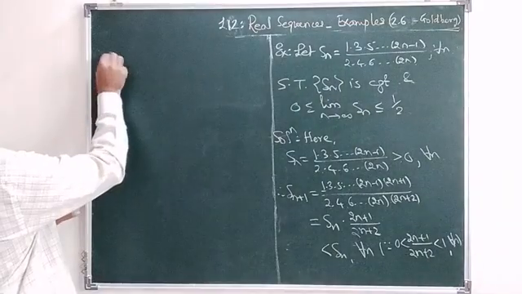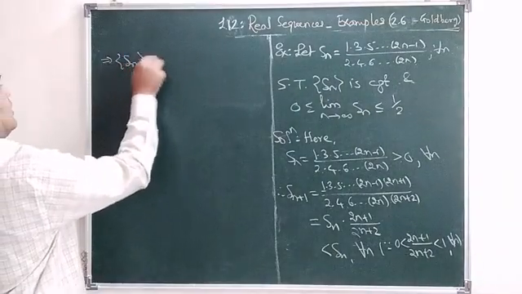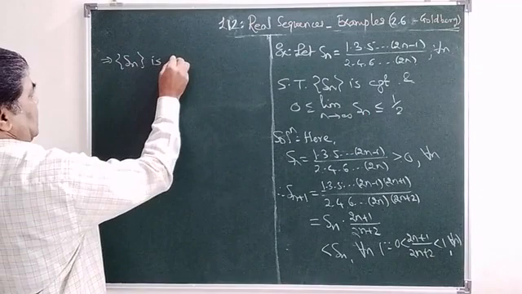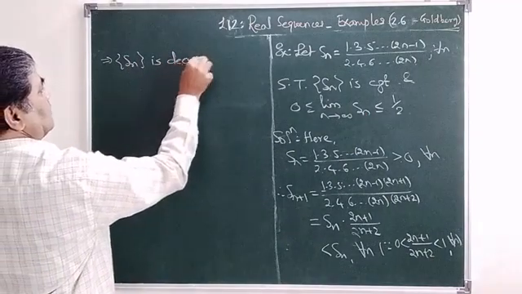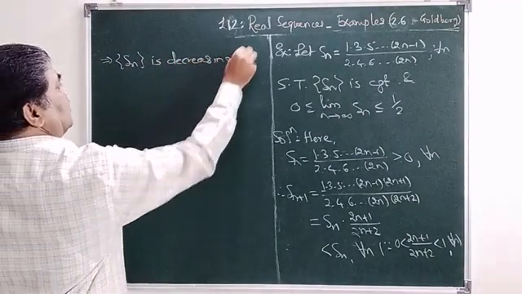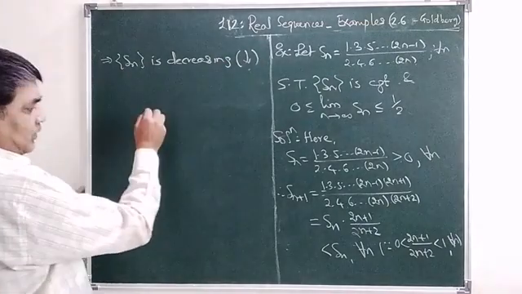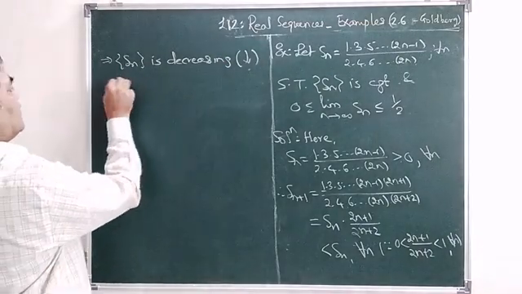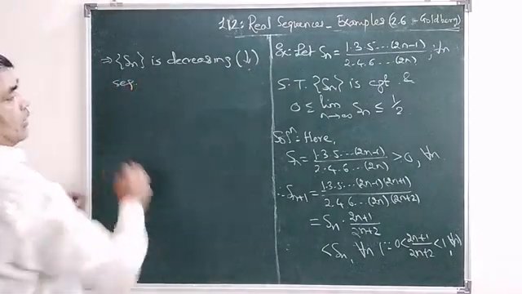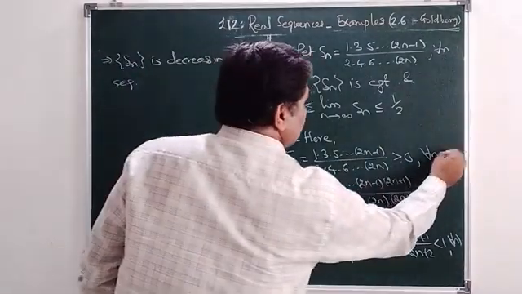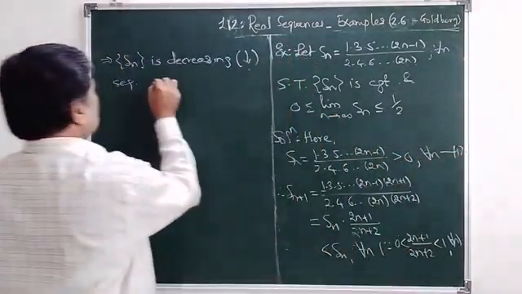This implies Sn is a decreasing sequence, which is also known as a non-increasing sequence. So this is 1, this is 2.